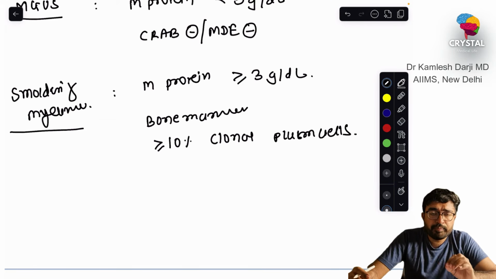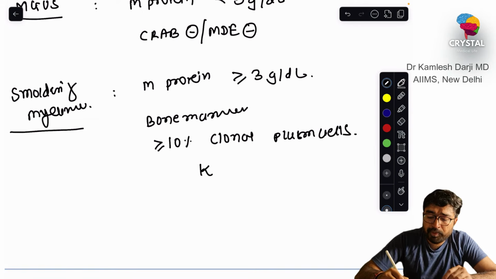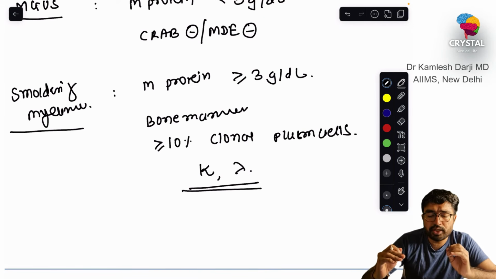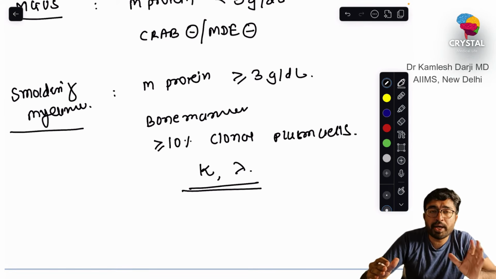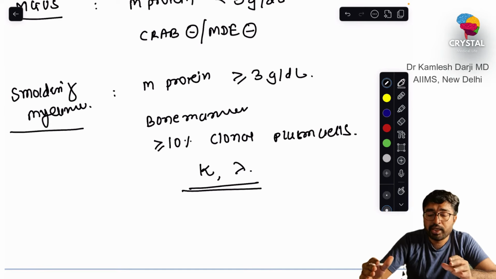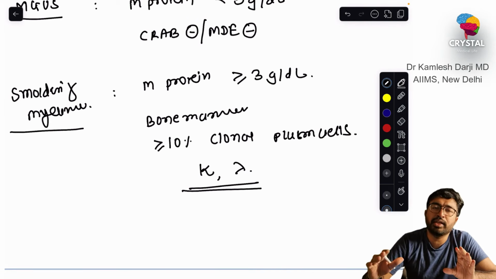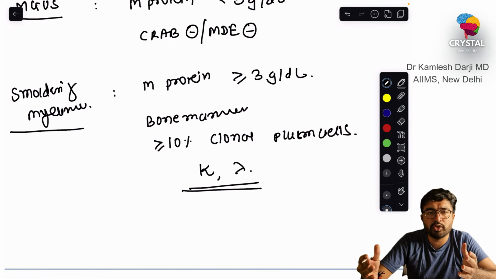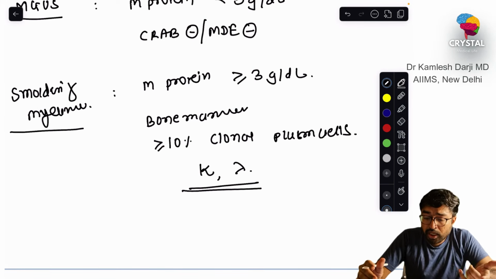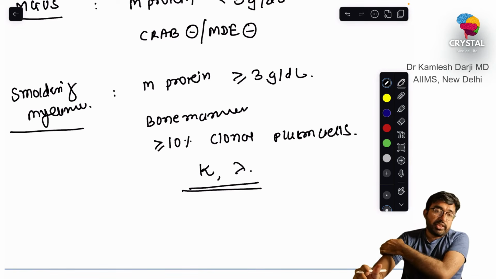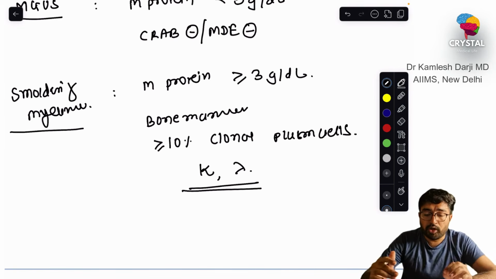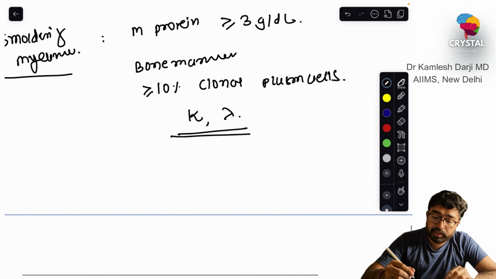By IHC, kappa and lambda IHCs. So most of the cells, meaning 100% of cells, are kappa restricted, only kappa positive, not lambda positive. If 50% of cells are kappa positive and 50% are lambda positive, then it is not a clonal plasma cell. So you will find more than or equal to 10% clonal plasma cells in bone marrow. This is the first criterion.